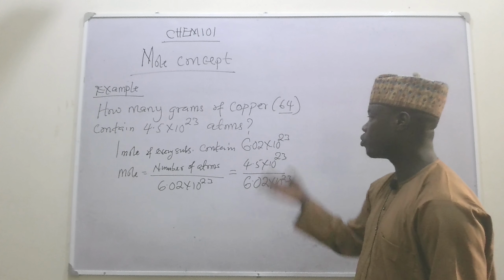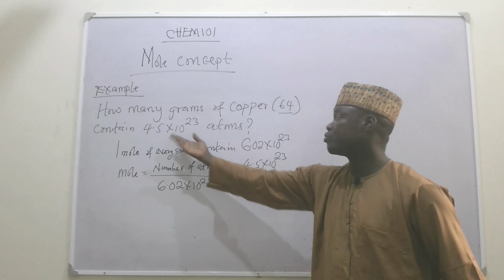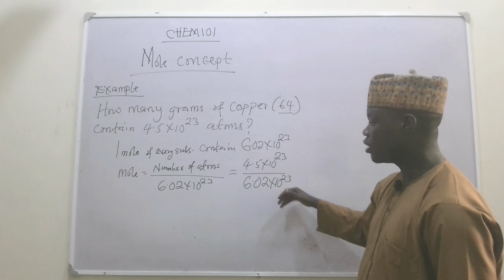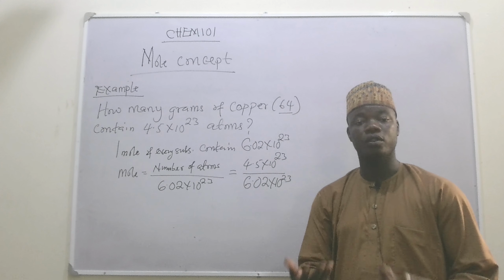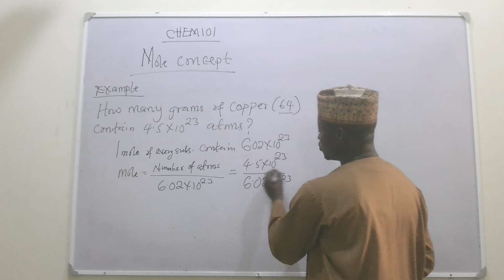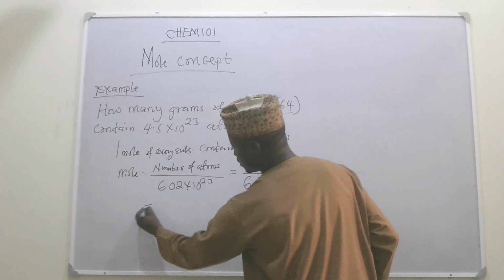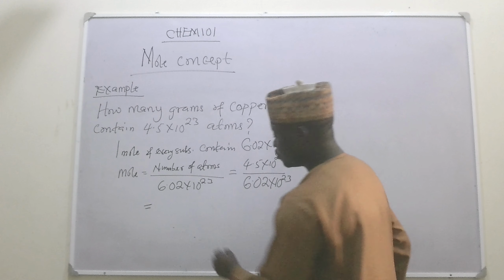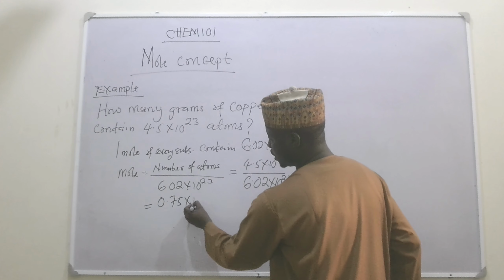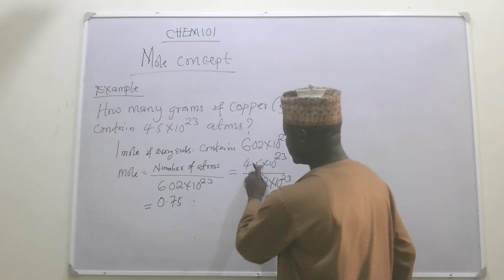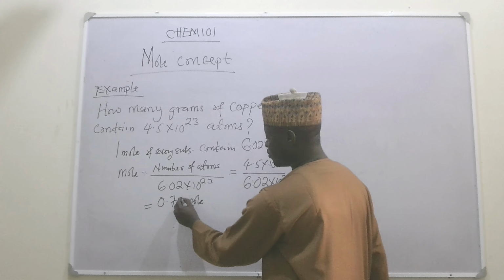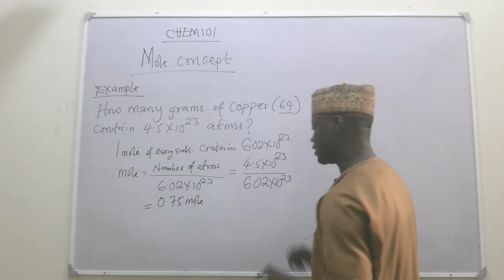So first we calculate the number of moles, then the mass. When we divide this, we get 0.75 mole.